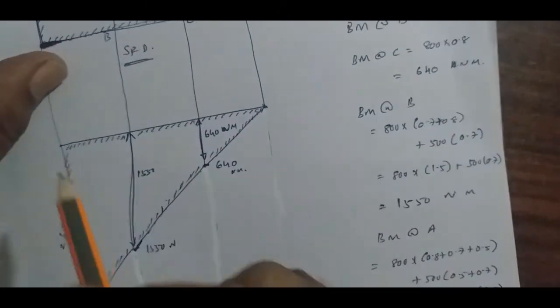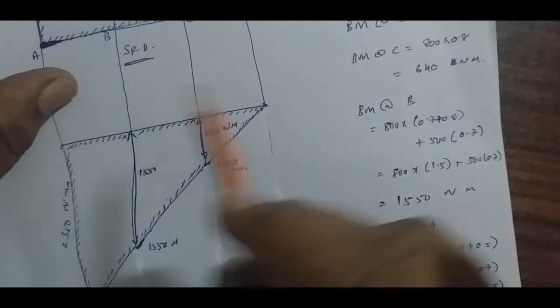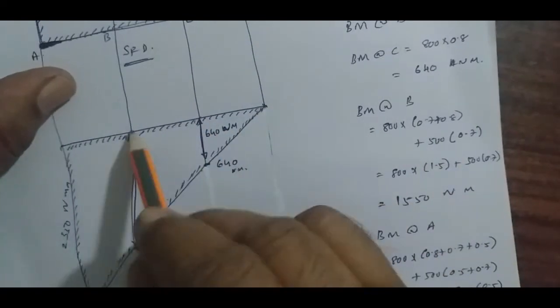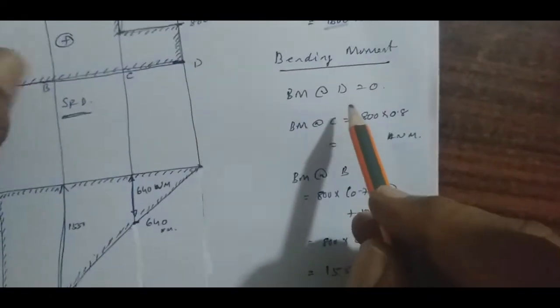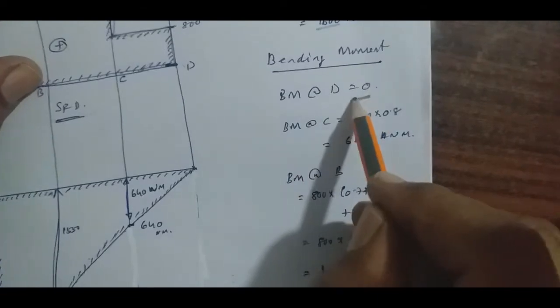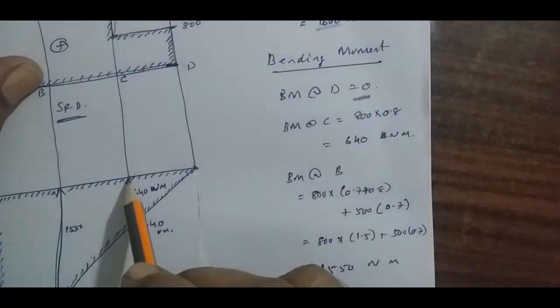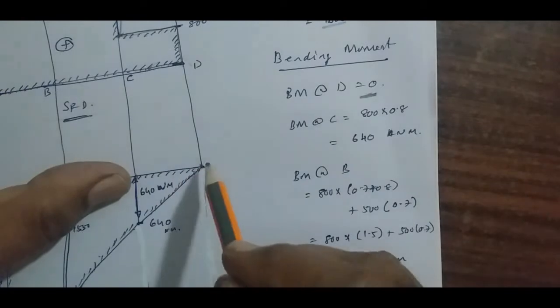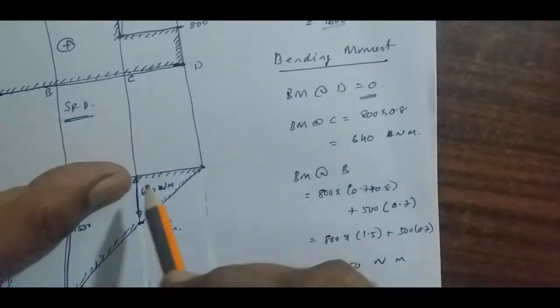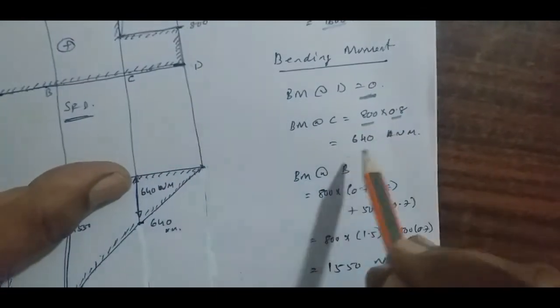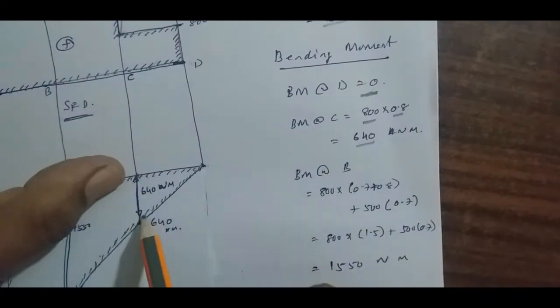So this will have a step section, and then the bending moment calculation. The bending moment has to be calculated at the support, at the free end, and at the middle points. At the free end of a cantilever beam, the bending moment is always 0. At C, it is the load acting on the other side into distance: 800 into 0.8, that is 640.